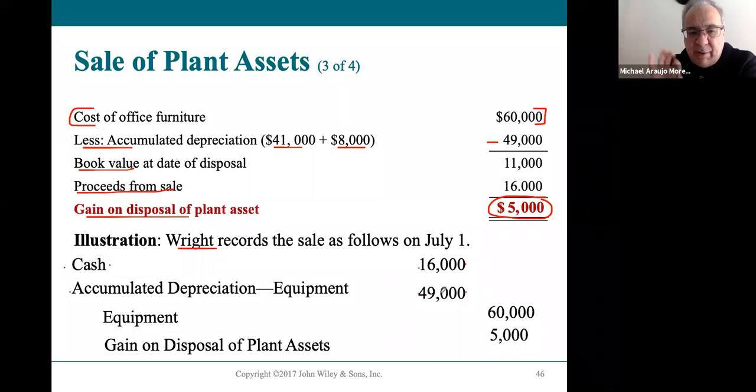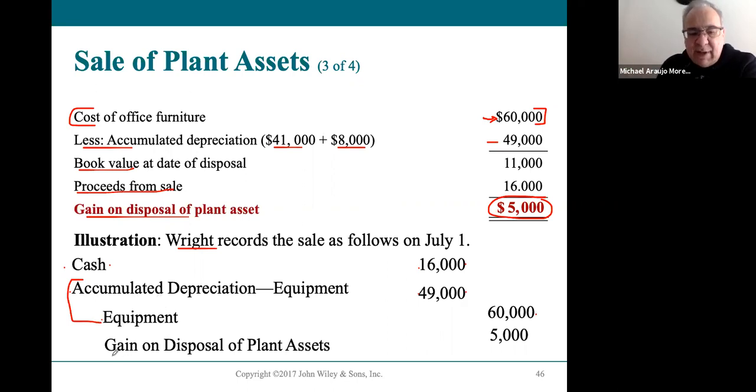It zeroes out the accumulated depreciation account for this furniture. We have to zero the account out because it's sitting in equipment. So we no longer have that equipment because we sold it. So that's why we have a credit of 60,000 to equipment to take it off of the books. So to take it off the books, again, we have to take out the equipment and its accumulated depreciation. Totally has to be removed.